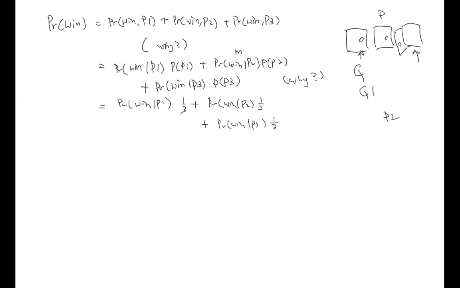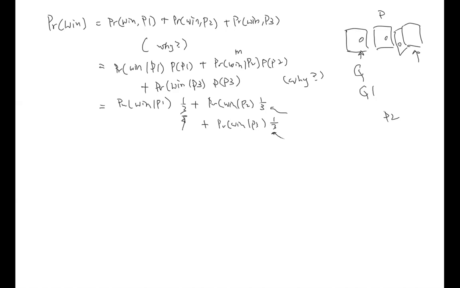I'm not going to ask you why I can do it like this, but you realize that I can do this because I am assuming that the prize is uniformly chosen among the three doors. This is the setup of the problem. Of course, I can have a different prior. Maybe I have a tendency to be more likely to choose the first door than the second door. Then this probability won't be the same. But in this case, we are assuming that all of them are equally likely to be chosen.